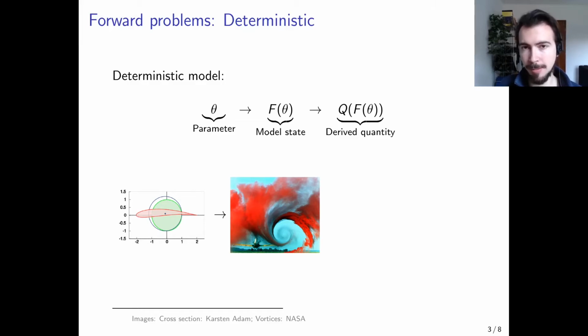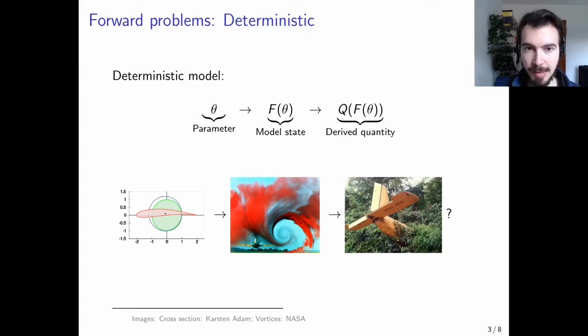But then typically you're not interested in each and every bit of airflow around an aircraft, but what you're actually interested in is: is it safe to fly? So typically you still have some kind of post-processing to get to some quantity which you are actually interested in, and I'm going to call this derived quantity here.